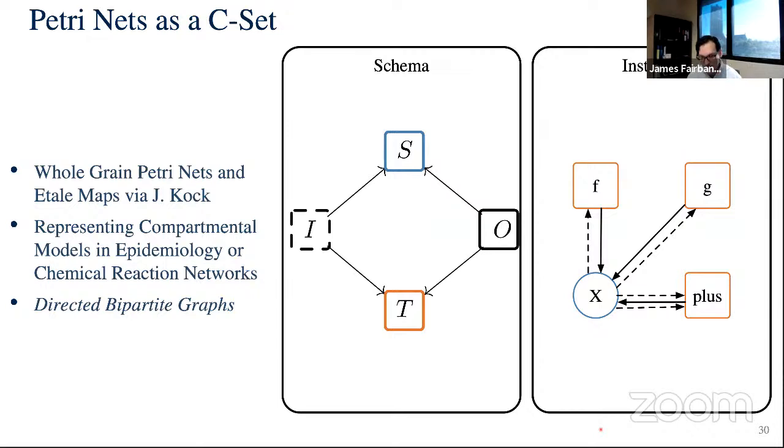It's what he calls the Topos representation, for species, inputs, transitions, and outputs. This is the schema, and we can represent the same hypergraphs as instances of this schema, but now the morphisms in this functor category are not arity preserving. So he introduces this whole notion of étale maps to get that arity preserving nature.